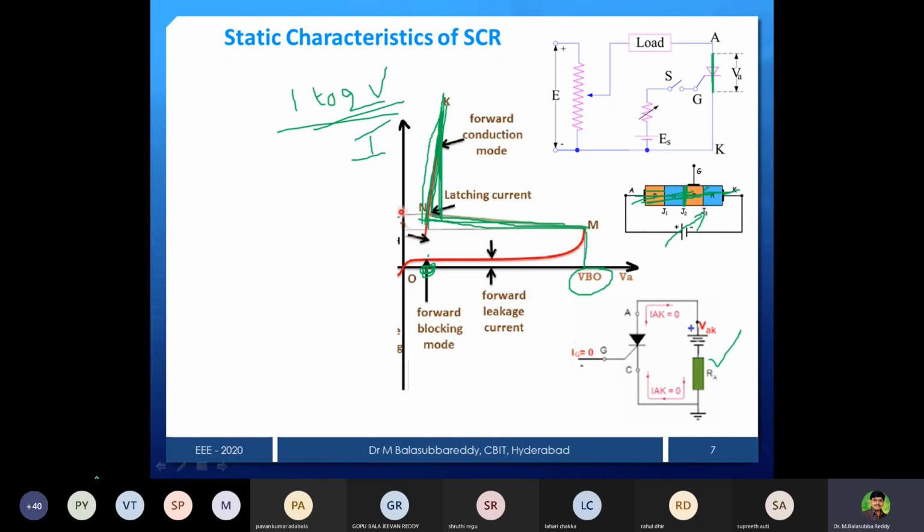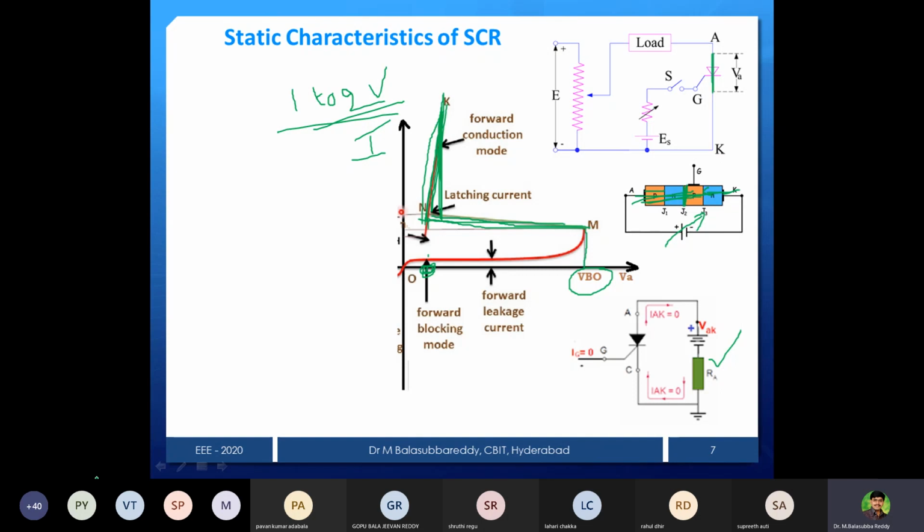Now you can start writing. As you increase the anode to cathode voltage further and further, because the voltage is inversely proportional to the width of the depletion layer, the junction J2 is going to break down if you apply sufficient voltage across anode and cathode.